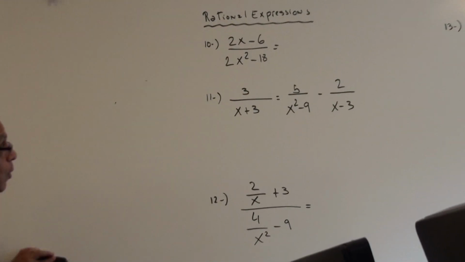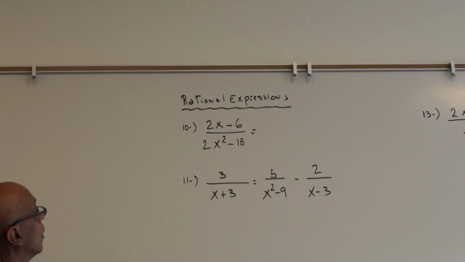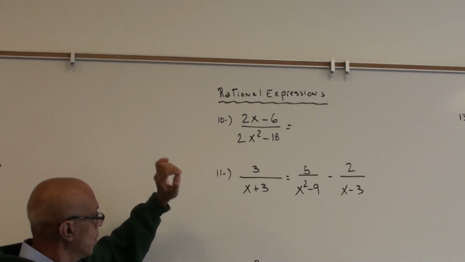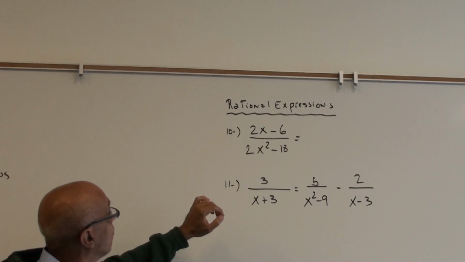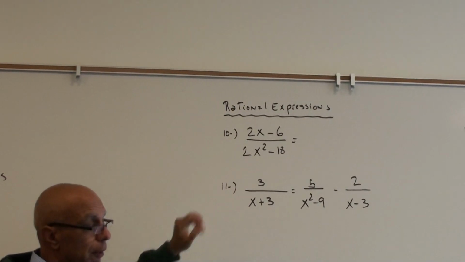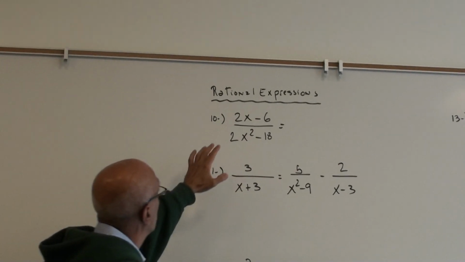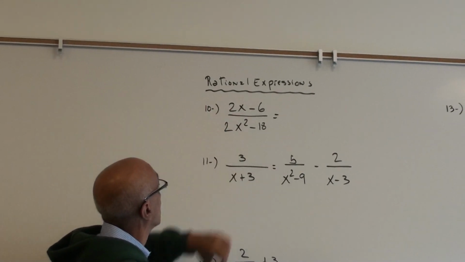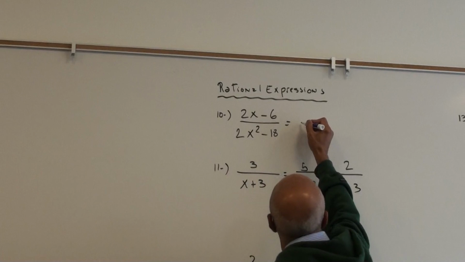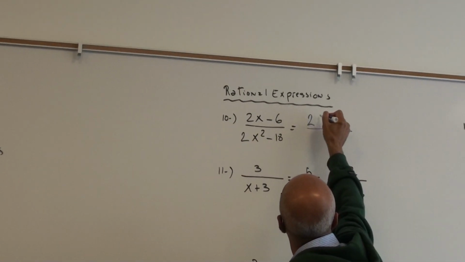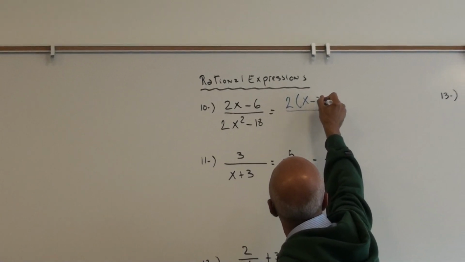Let's move on to rational expressions, okay? So now we're going to use factoring for some of this. Let's look at the numerator here. I can extract 2 out of it, so it's going to be x minus 3.